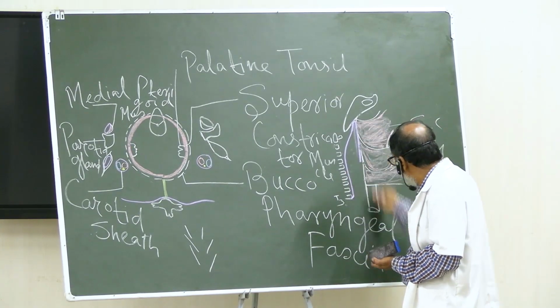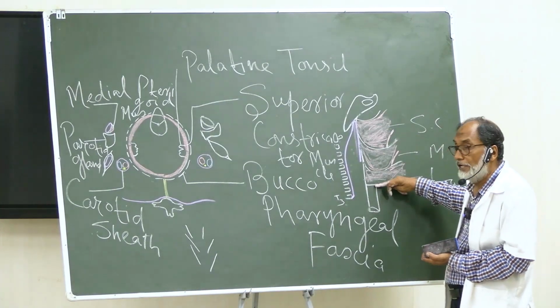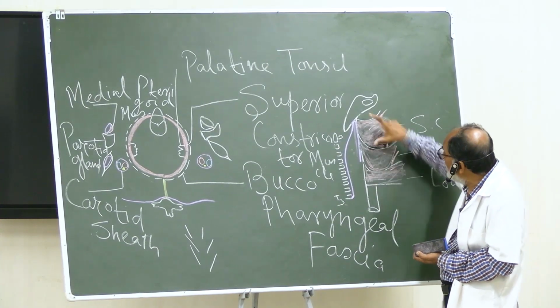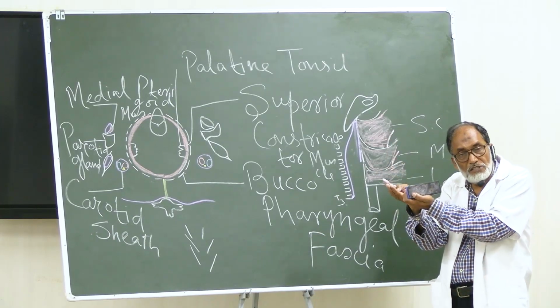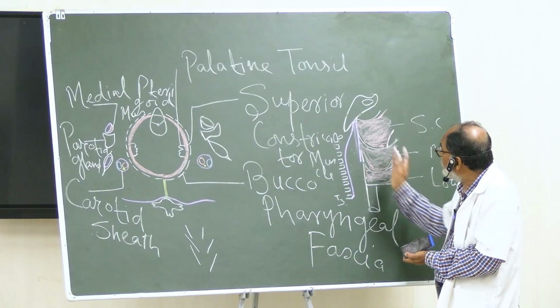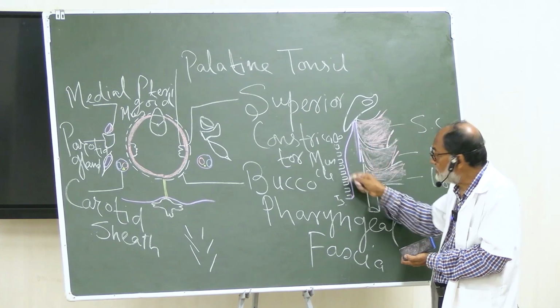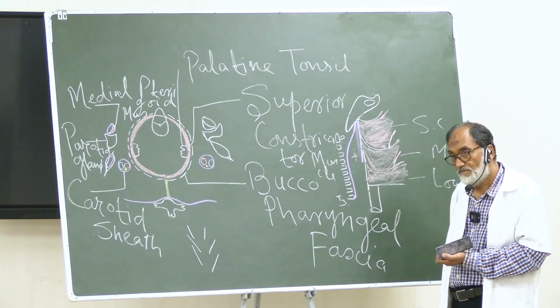This is the pharynx. This esophagus is a continuation of the pharynx. Here pharynx ends and esophagus begins. So that part is the pharynx, and the pharynx is covered by the three constrictor muscles from above to below. So this part behind the pharynx is known as the retropharyngeal space.